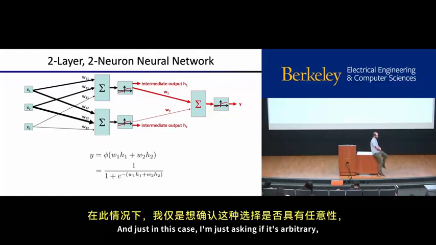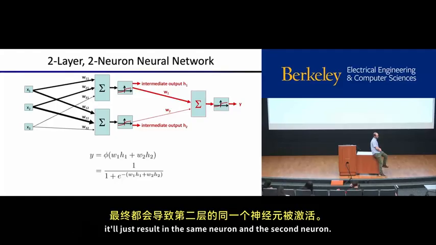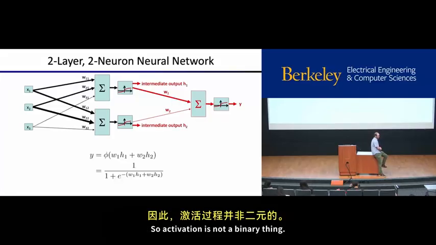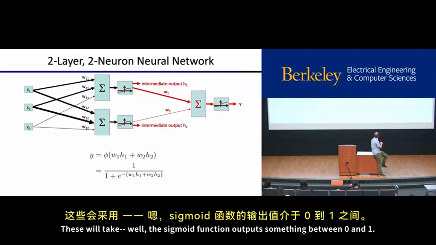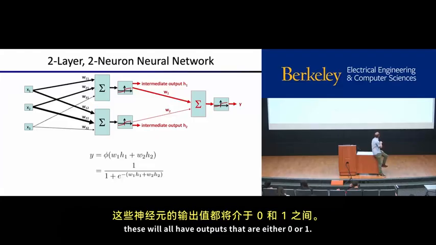I'm just asking if it's arbitrary, as in no matter which neuron activates in the first layer, it'll just result in the same neuron in the second layer. So it's not an either-or which activates. Activation is not a binary thing. The sigmoid function outputs something between 0 and 1. So if we're using a sigmoid activation, these will all have outputs between 0 and 1.